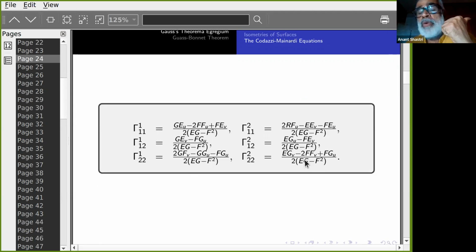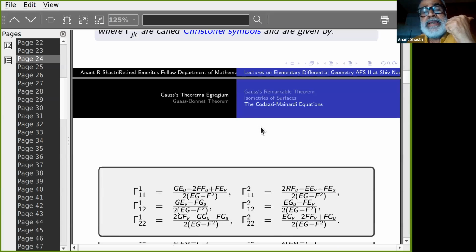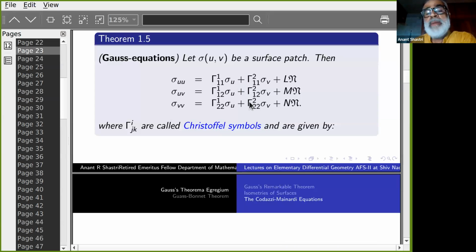How do you do that? Remember, sigma u and sigma v are non-zero independent vectors, but they are not necessarily orthogonal. Therefore, when you take the dot product with sigma v, it is not an easy equation.